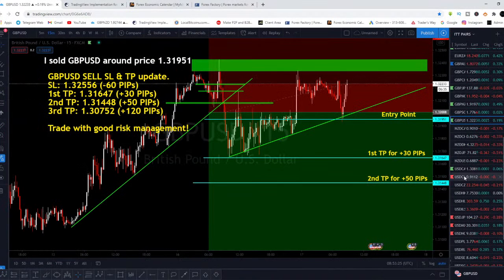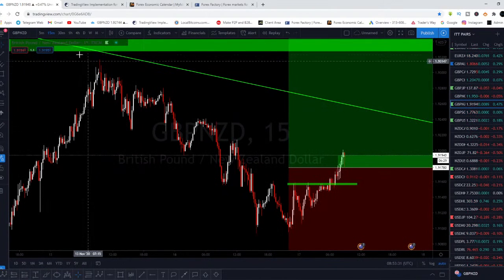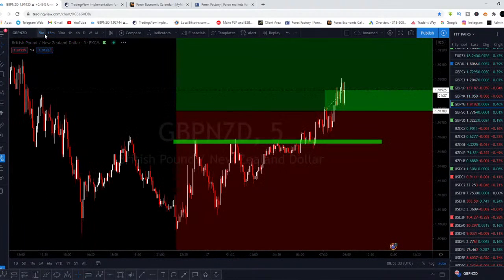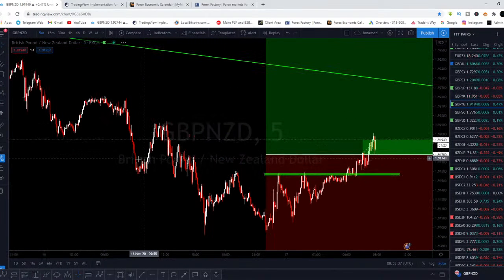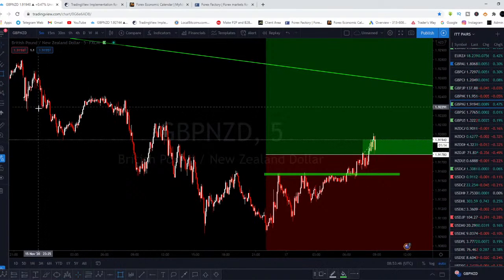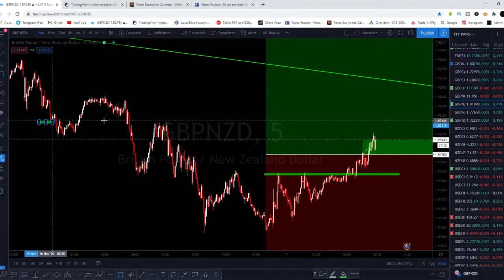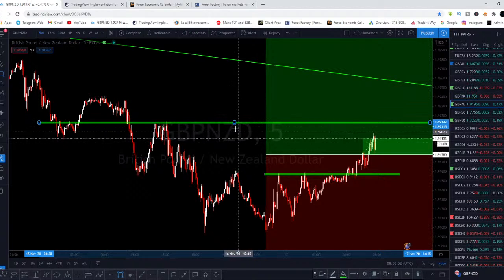You know, remember that GBP usually move with this GBP USD. They move together. So it is what it is. Let me wait for what is gonna happen. Let's see if it will break out of this zone as well.